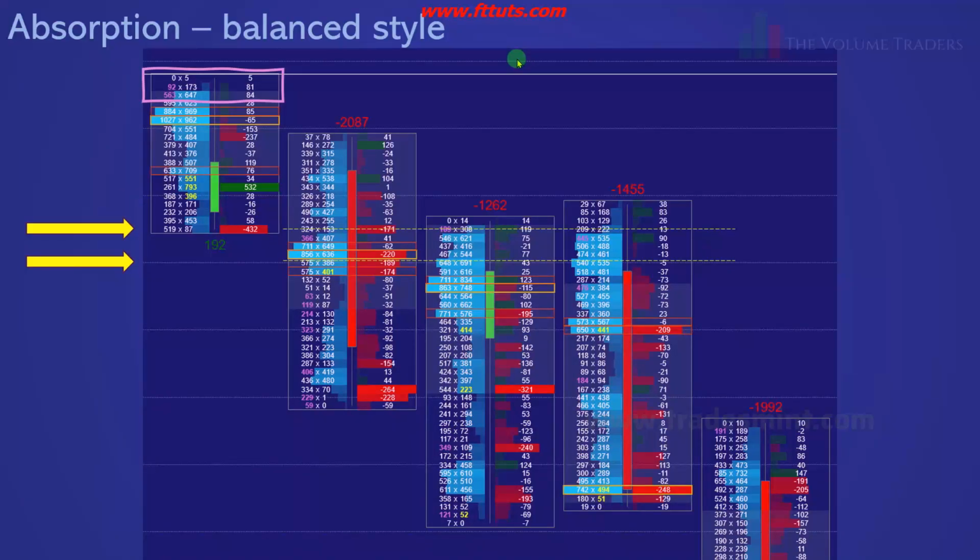Trust me, a move over 10 points on ES is very, very big. So 4 points is something good, yes, because then we are aiming for 8 points maximum.